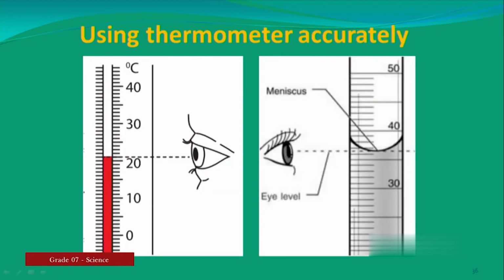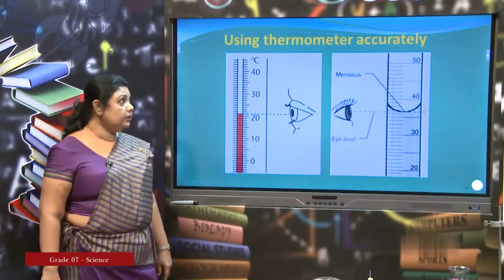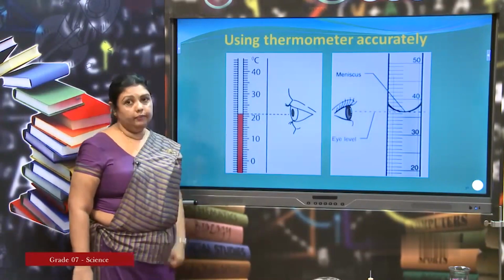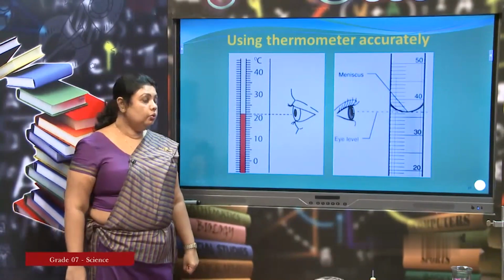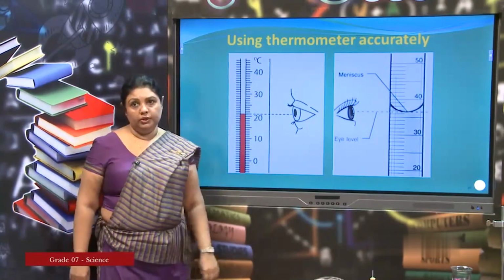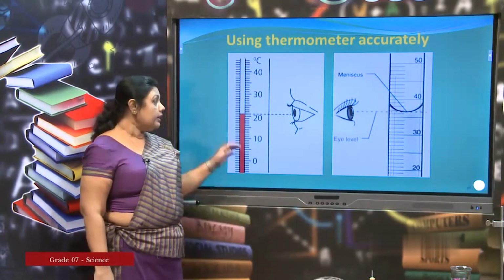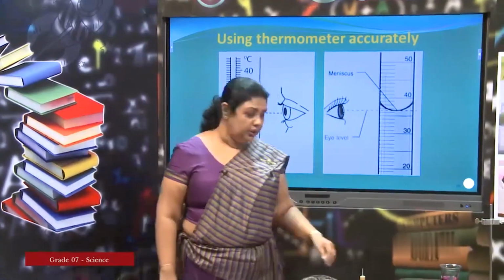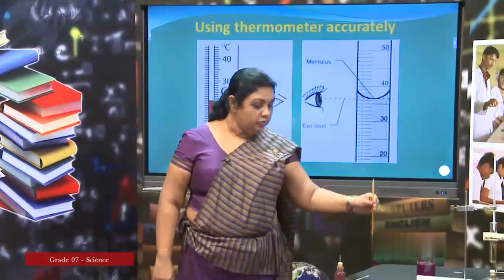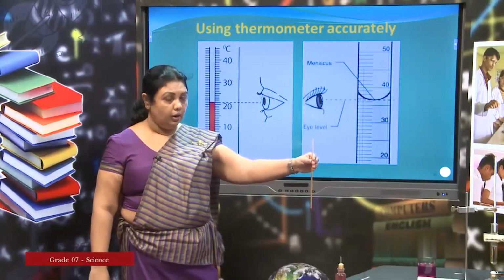Then you can see the thermometer reading. How do you read a thermometer? You need to fix the thermometer first of all. The thermometer should be fixed this way, and you never take the thermometer or the level down.